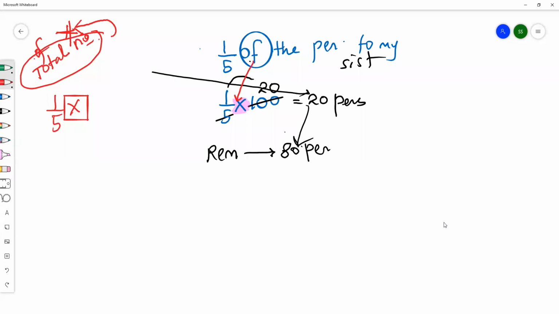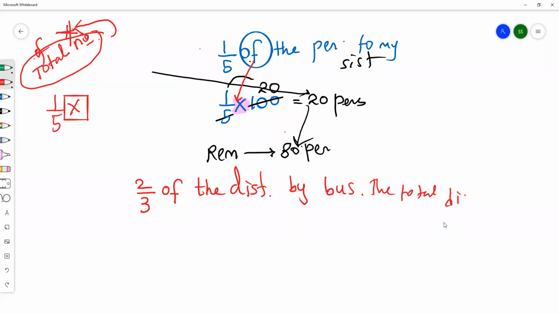Okay, what is the key point? I said of means multiplication. Okay. I traveled 2/3 of the distance by bus.